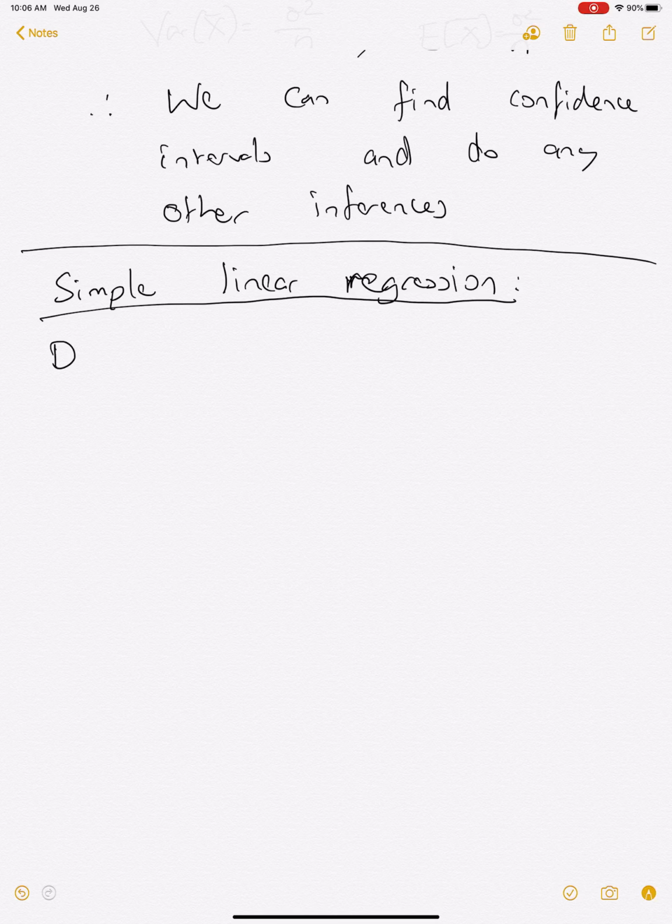So your data here is, okay, this is going to be supervised. And then, once again, we have p equals 1. You can think of this as the next level of complexity after the sample mean, because now we have two variables and we're trying to fit the relationship between them.